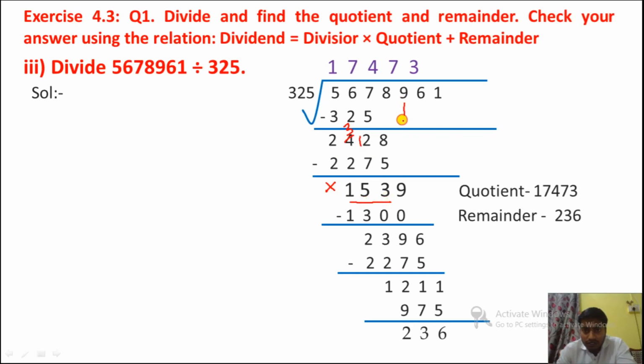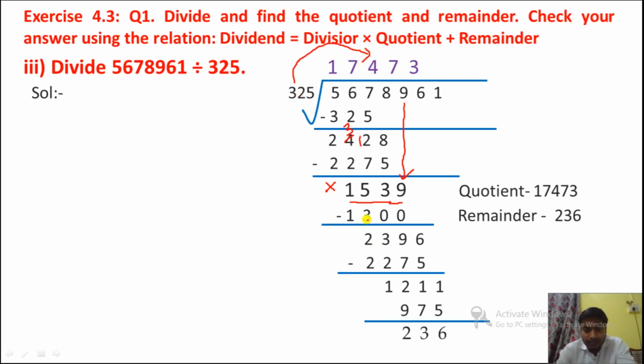Now bring down this 9 here. Now it became 1539. Now it will go how many times? 4 times. When we multiply this number by 4, we'll get 1300. Clear?